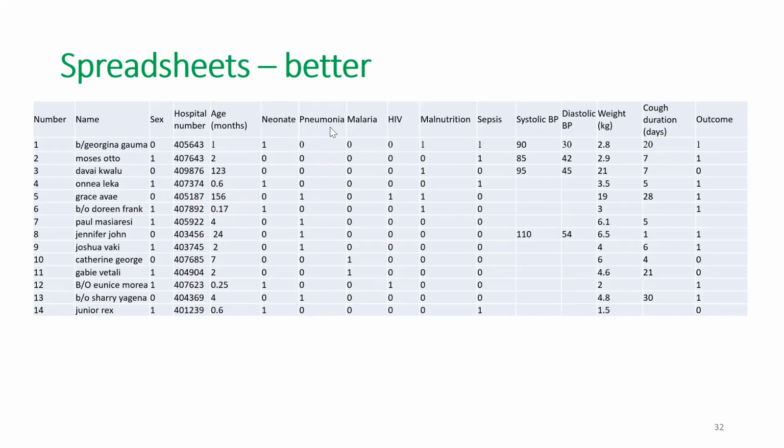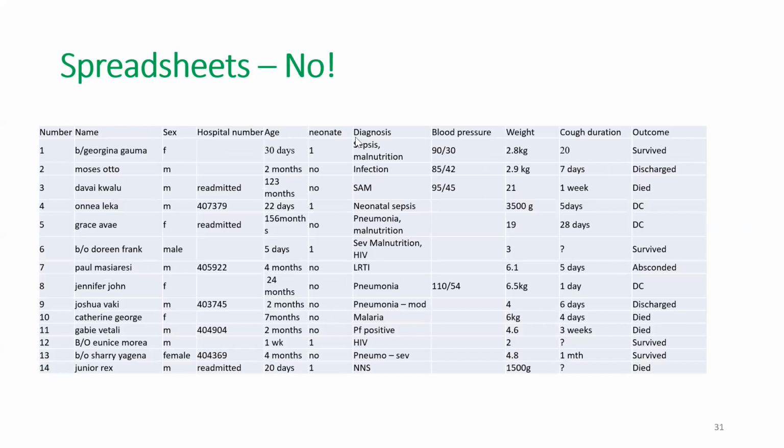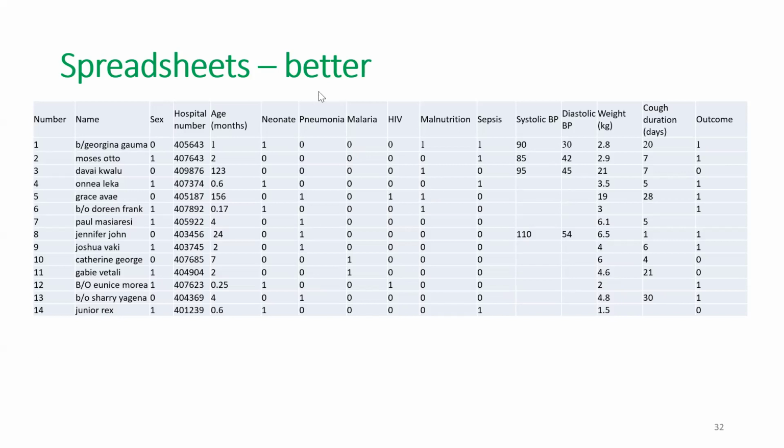If they had pneumonia, so instead of having all of these different diagnoses jumbled up, then you have a separate column for each of them, and then it enables you to do simple counting. You can count the number of children that had pneumonia, or count the number of children that had malaria, count the number of children with HIV. You can look at the weight, the average weight, or the median weight in this population, or the average number of days of cough the child had, and you can look at the outcome as 1 or 0.